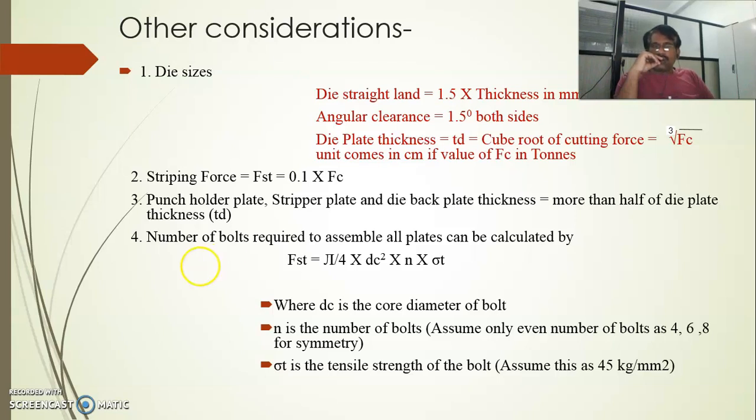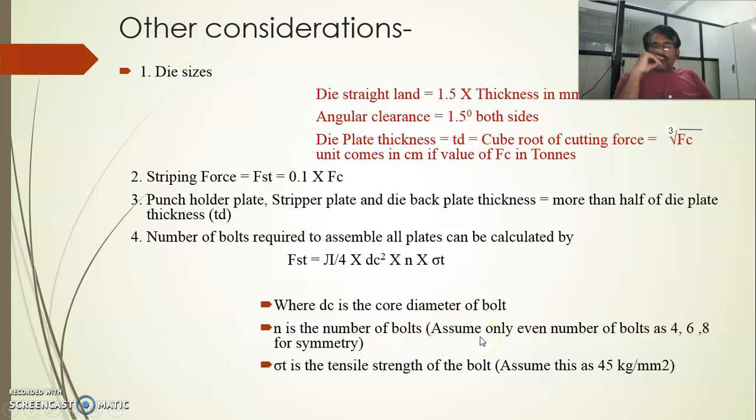And for that purpose the formula is given as FST, that is stripping force, is equal to pi by 4 into DC square, that is the area of the bolt, into number of bolts, into the tensile strength of the bolt, where DC is the core diameter of the bolt and N is the number of bolts.